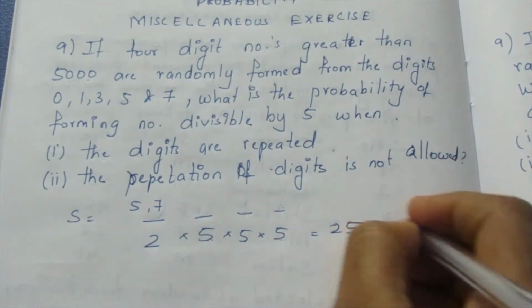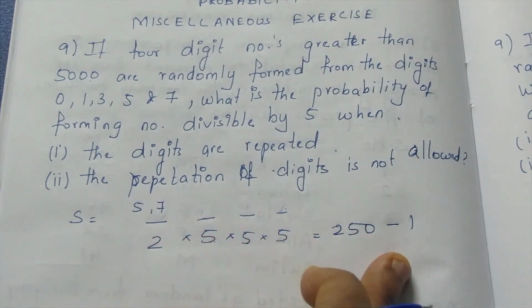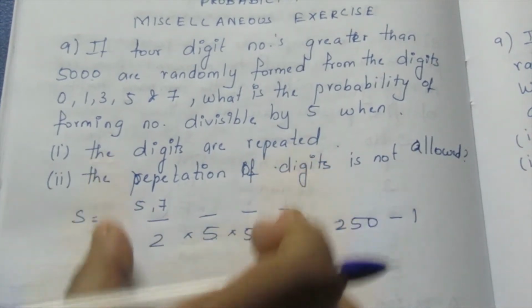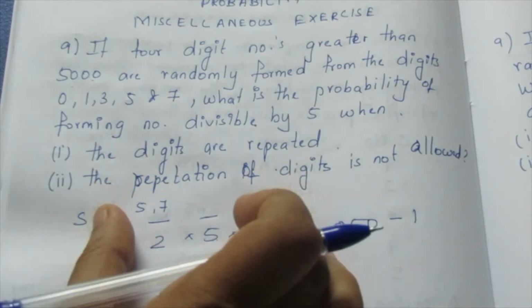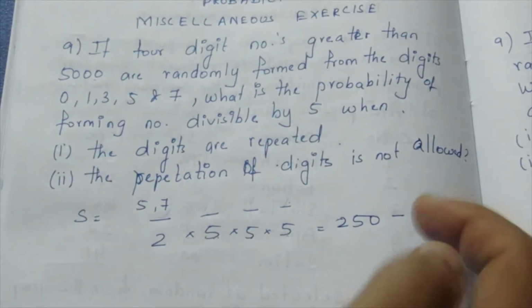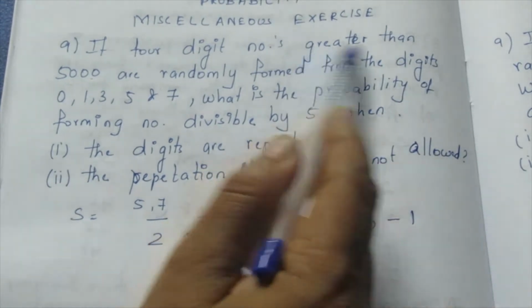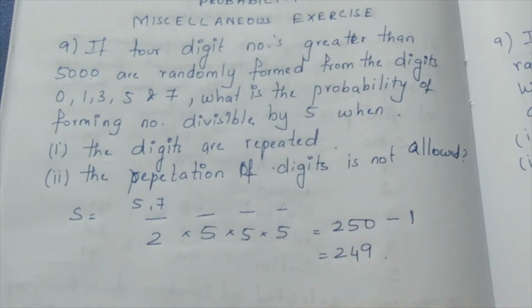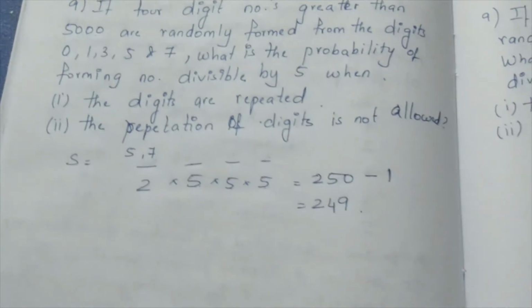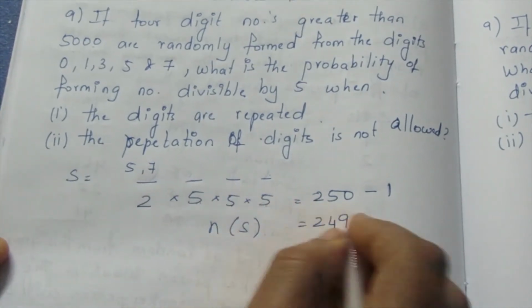So, we need to do minus 1 because we are subtracting that number 5000, as it is equal to 5000 and not greater than 5000. So, your total will be 249. So, we have found n(S) to be 249.